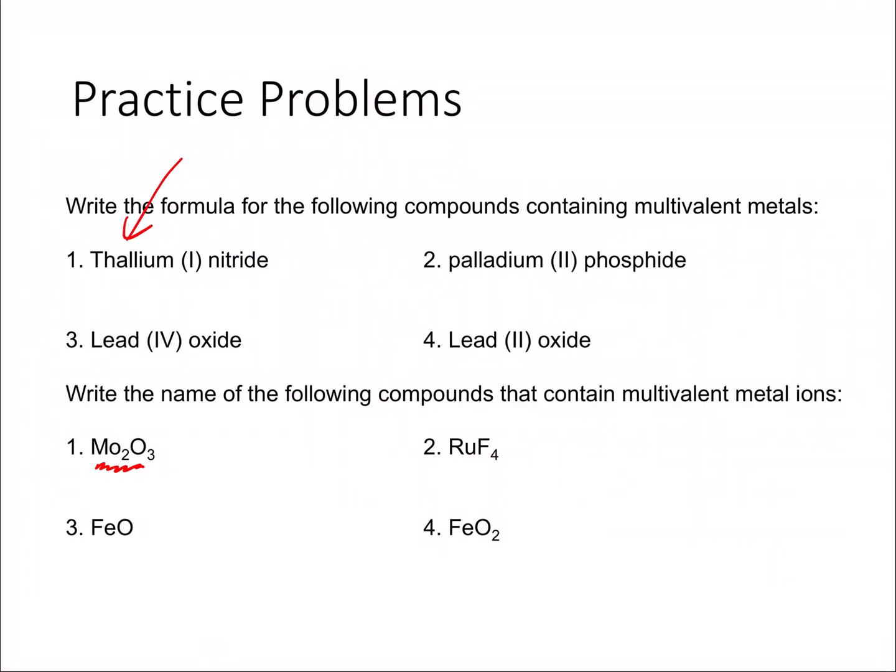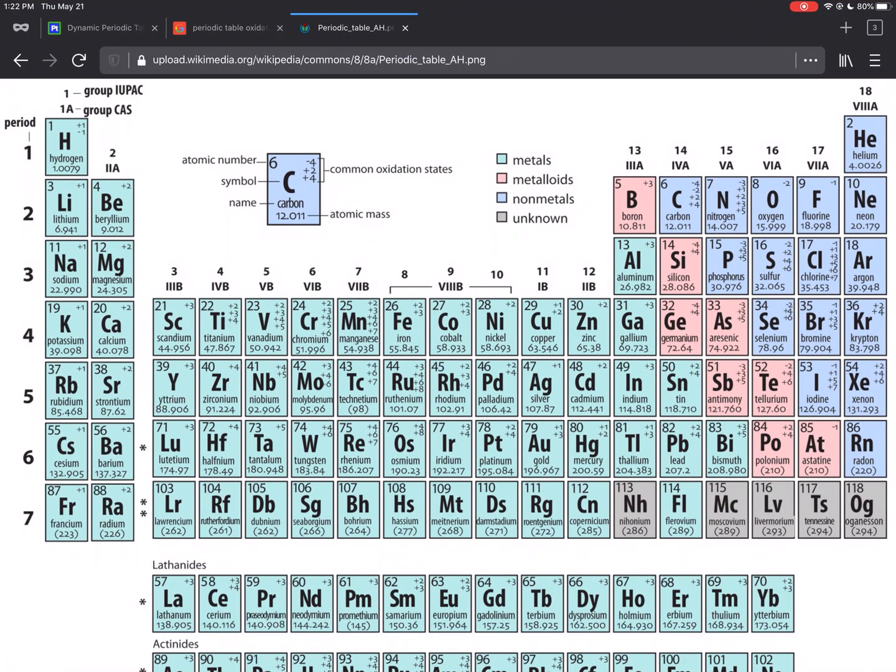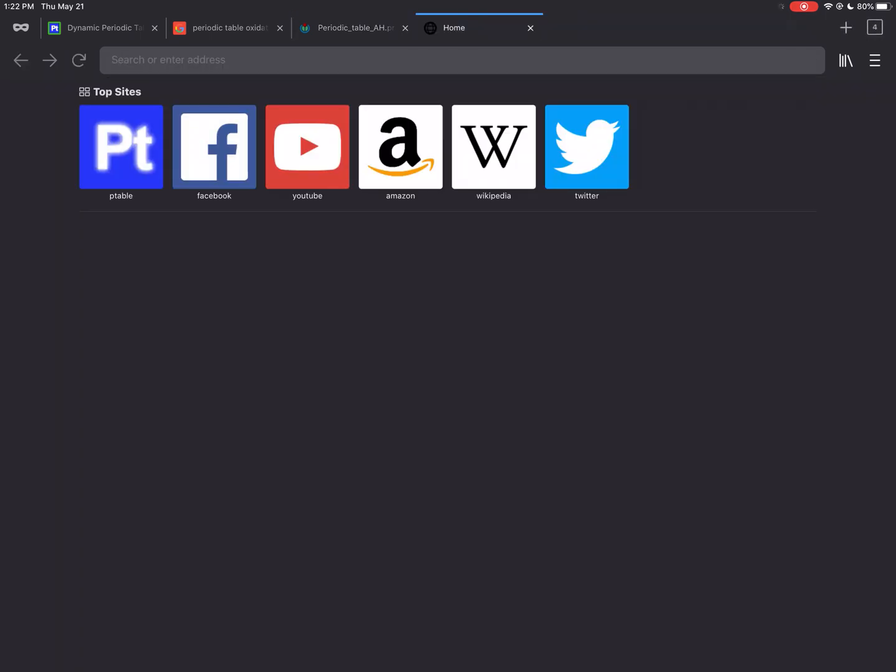Okay, so if this is -3, and we have thallium, and they're identifying it, this must be, when you find it on the periodic table, you'll see it's 3+. So you've got your thallium nitride, and thallium's one that I have to find. Good old thallium. Where are you? Thallium, thallium, thallium. I don't see it. So let's call up thallium.